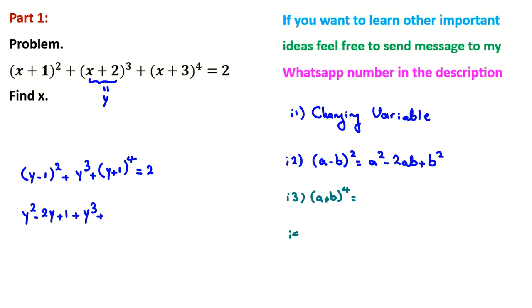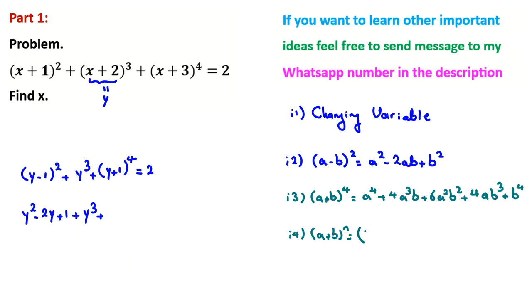And a plus b to the n general form is, here, a to the 4 plus 4 choose 1, 4a cubed b, plus 4 choose 2, which is 6a squared b squared, plus 4 choose 3, which is 4ab cubed, plus b to the 4.